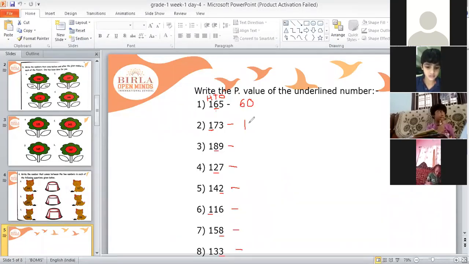And in 100's, how many zeros? Do you know how to write 100? Then write 100 in your notebook and tell me how many zeros are there in 100. 2. Then how many zeros we will put here?